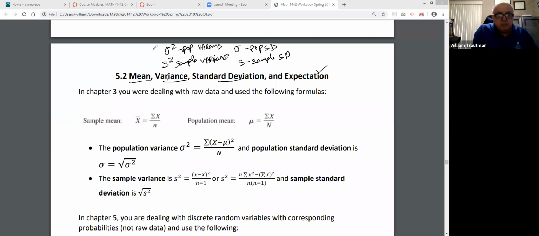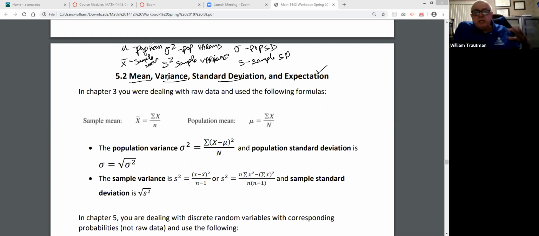And then we have mean, we have population mean. Mean is average, remember. And then we have sample mean.